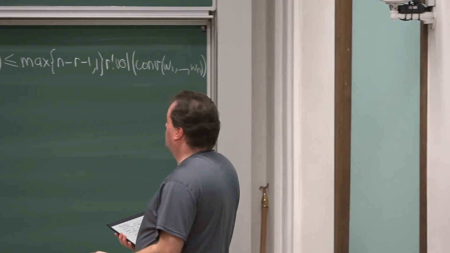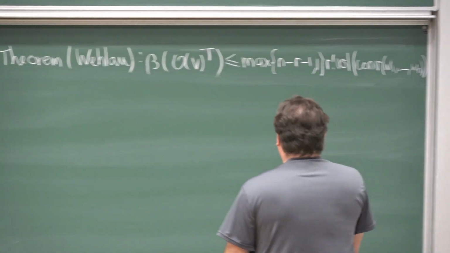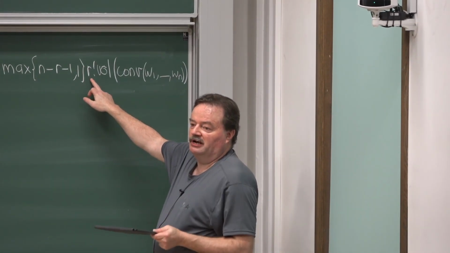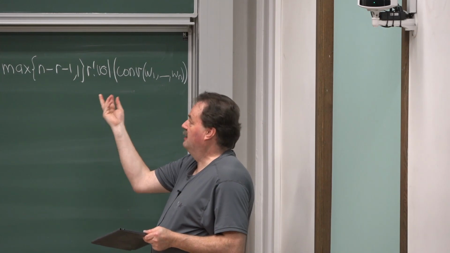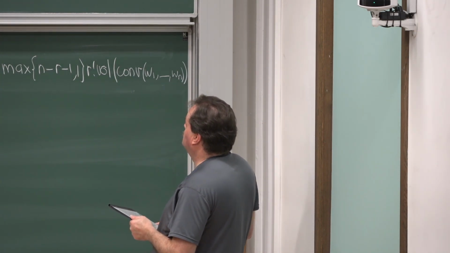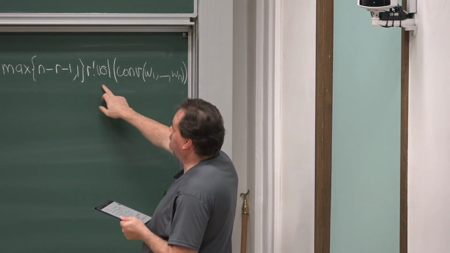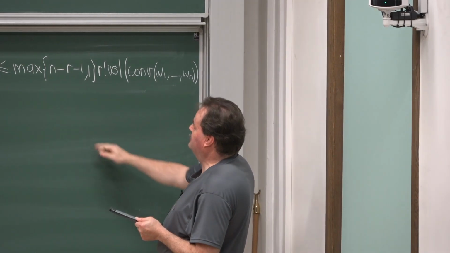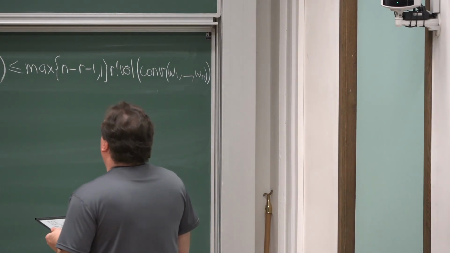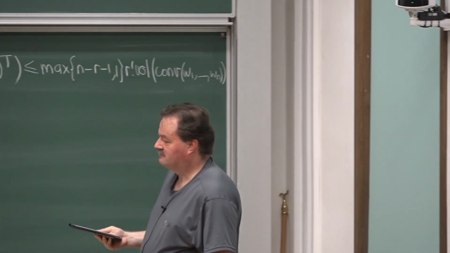So you take the convex hull of all the weights, you take the volume, but you multiply it with r factorial, which is some kind of normalization so that the smallest possible simplex has volume 1. And then multiply with this constant, which I'm not even sure is necessary, but we don't know if we can remove it. Then we get this bound.